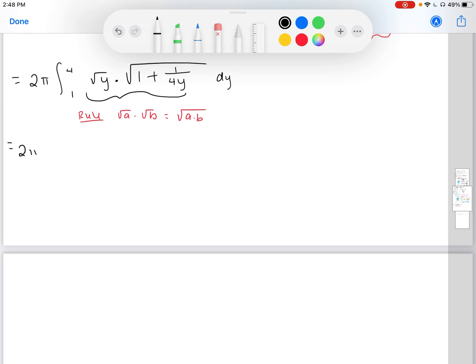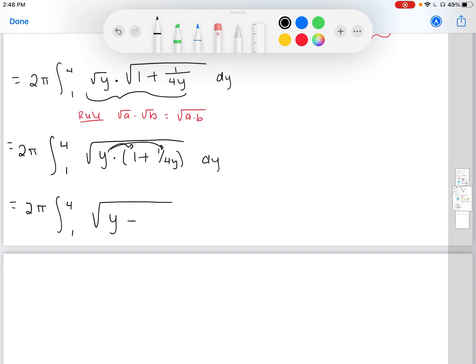So we have 2 pi from 4 to 1 of the square root of y times 1 plus 1 over 4y, dy. Let's distribute that y, so that we have y plus 1 over 4. Those y's cancel, right?